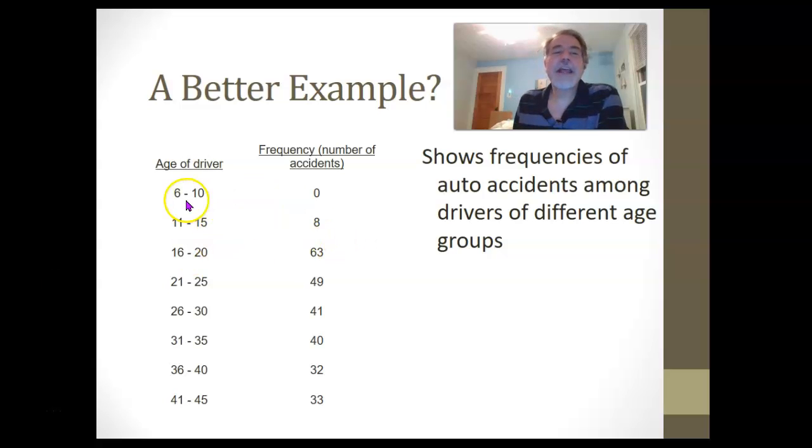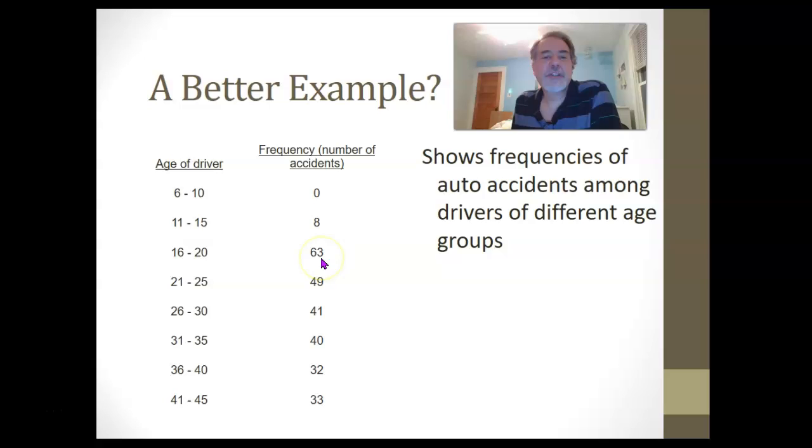Yeah, it's not that they're such safe drivers, it's that there really aren't that many drivers at all, age 6 to 10, or even 11 to 15, although you might have some 15-year-olds with like a learner's permit. So we got to keep in mind what we're looking at here.